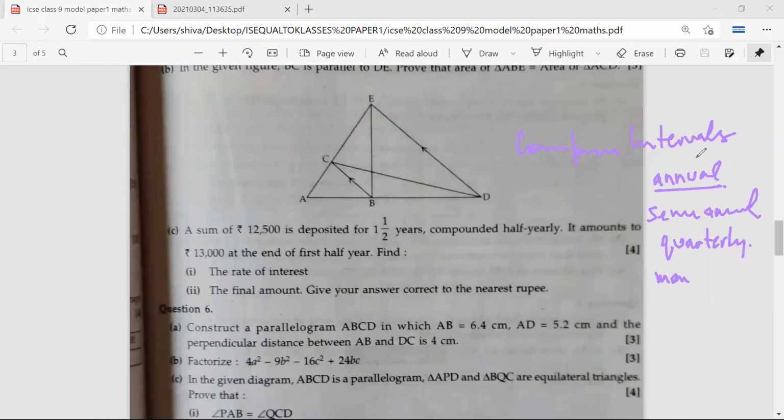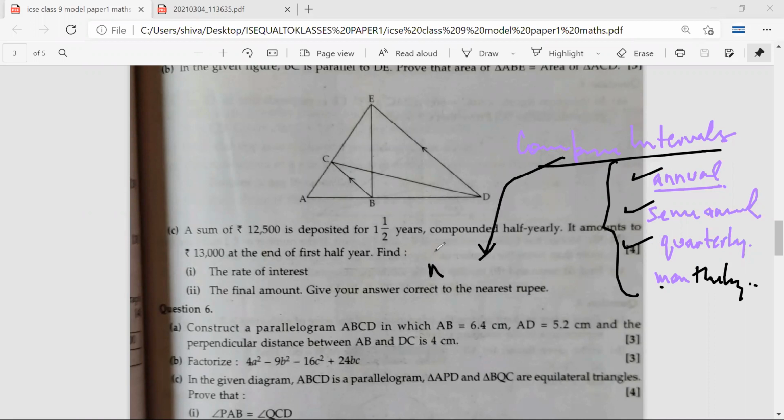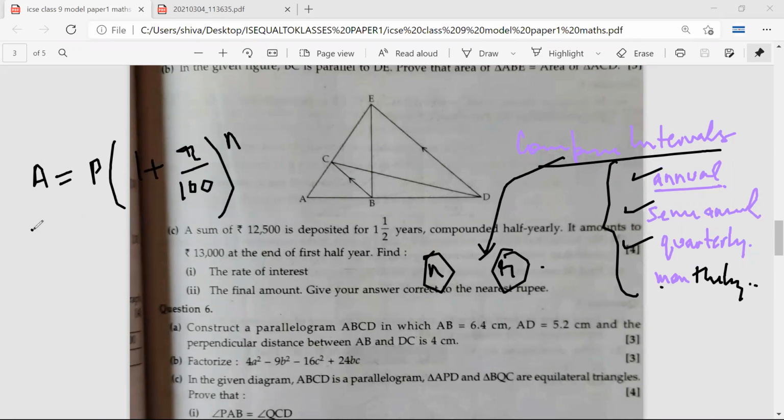So the compounding interval can be annual, semi-annual, quarterly, or monthly also. Now, the compounding interval will decide your n and your R, which will be applicable in this formula. Any doubt? No, sir.